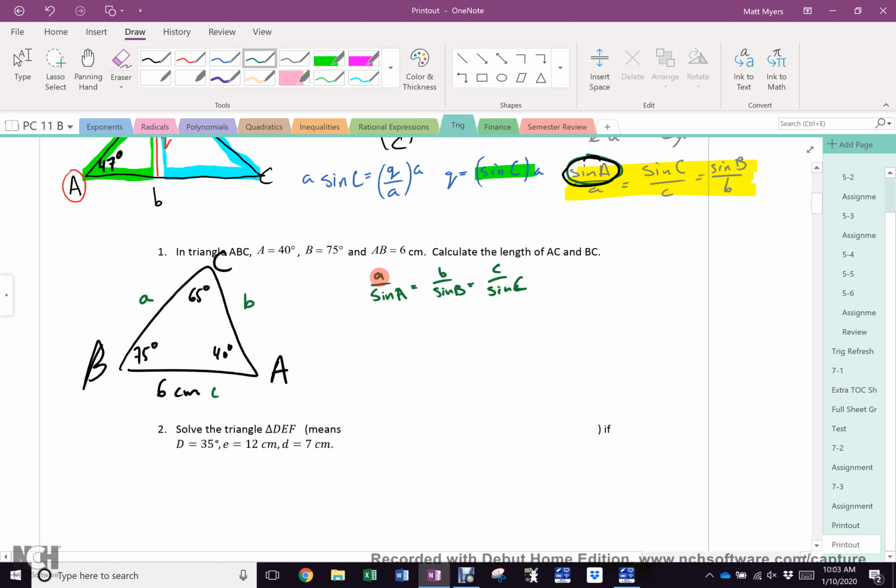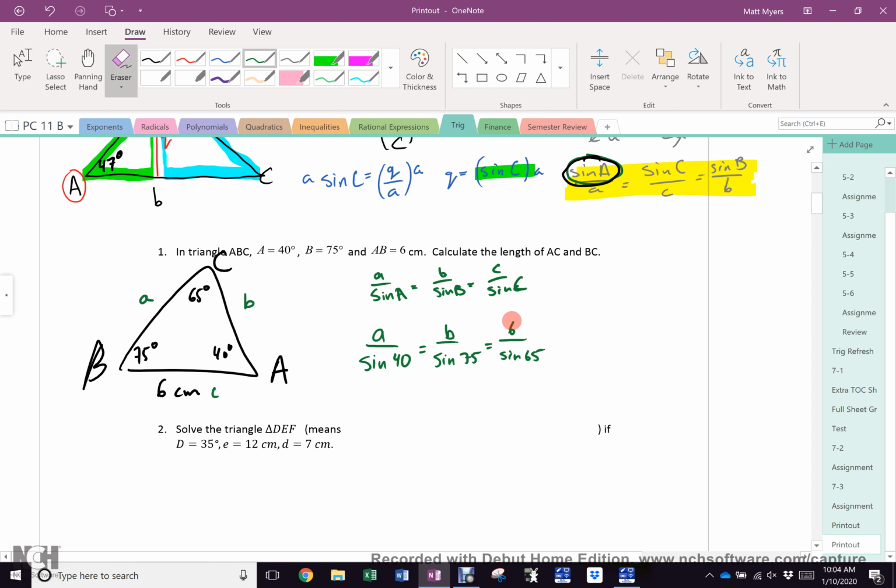So, what do I write here? Little a over the sine of what? 40 equals. What do I write here? Little b over the sine of what? 75 equals. What do I write here? 6 over sine 65.